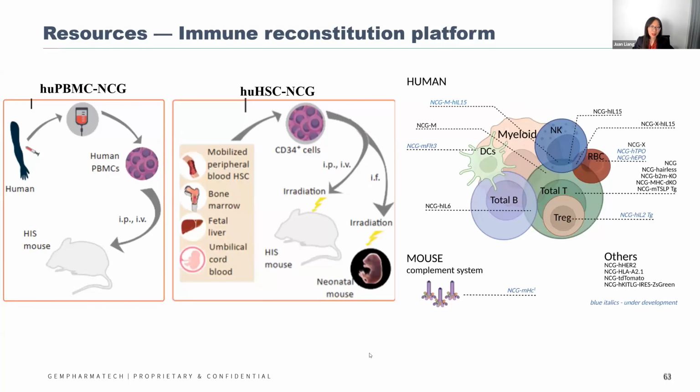The immunoreconstitution platform is also a very important resource in the autoimmune platform. In this platform, we could generate several different cell subpopulations. We can induce autoimmune disease in this humanized mouse model. So this animal model could be very useful to evaluate humanized antibodies.